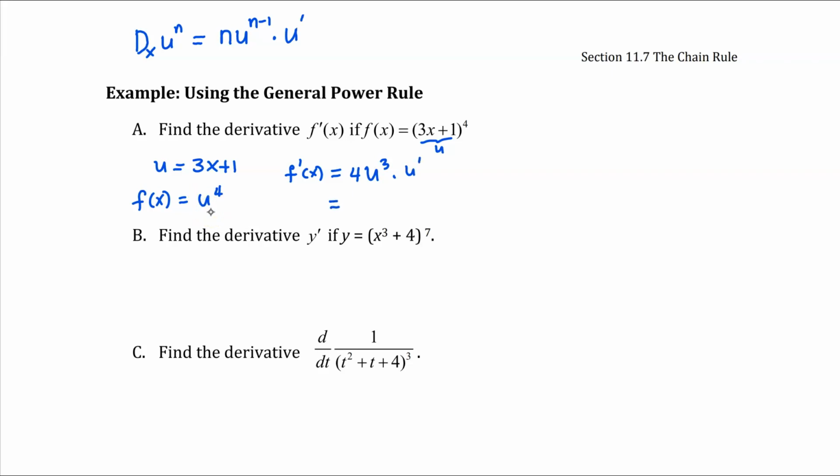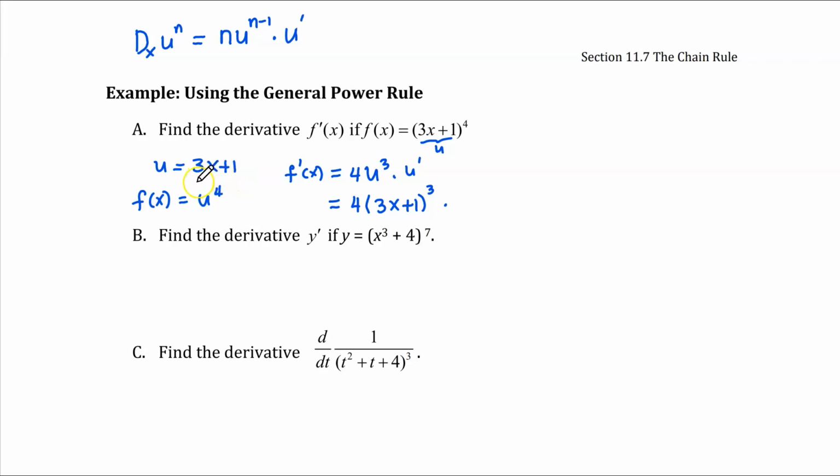So using this formula, the derivative of this function is 4 times, what is our u? (3x plus 1) cubed, so copy the power here, times the derivative of u, so times the derivative of 3x plus 1.